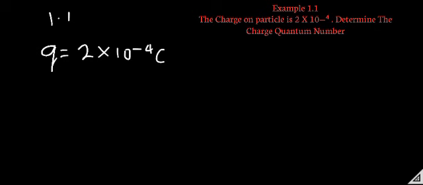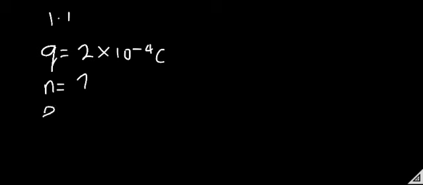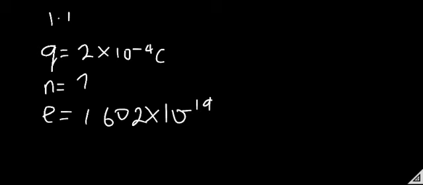They say determine the charge quantum number, that is the number of electrons, which is unknown, and we know that E is equal to 1.602 times 10 raised to power minus 19 coulombs, right?